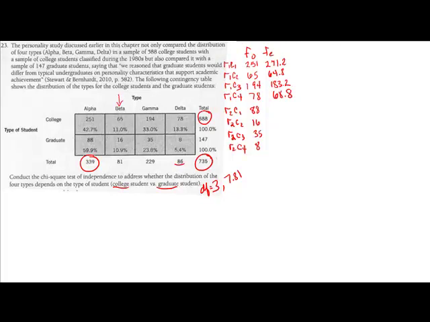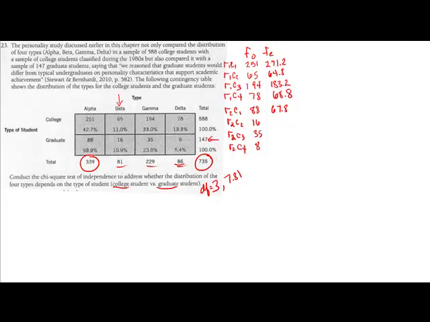Now I'm going to switch down to row 2. So it's going to be row 2's total times the column total. So row 2 is 147 times column 1, 339, divided by the sample size, 735, gives me 67.8.